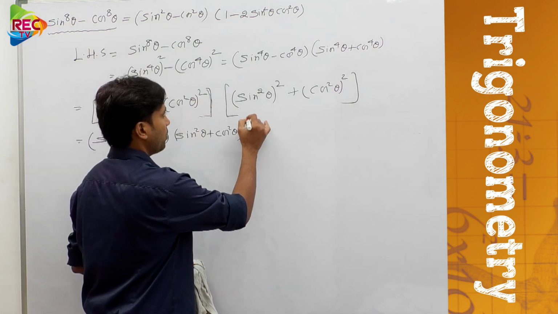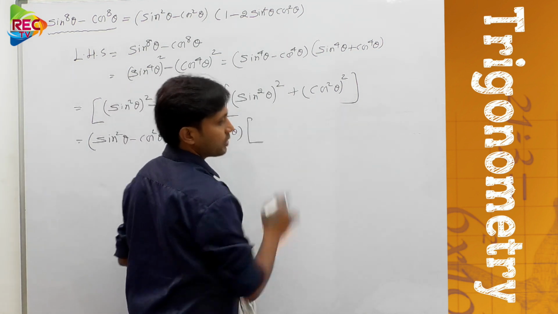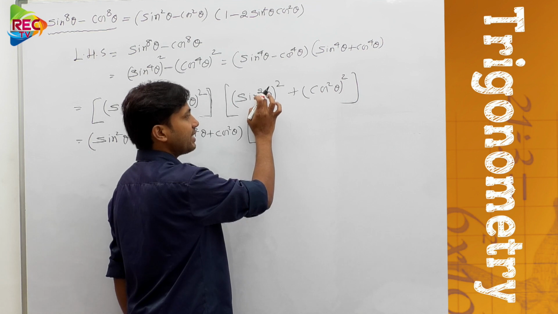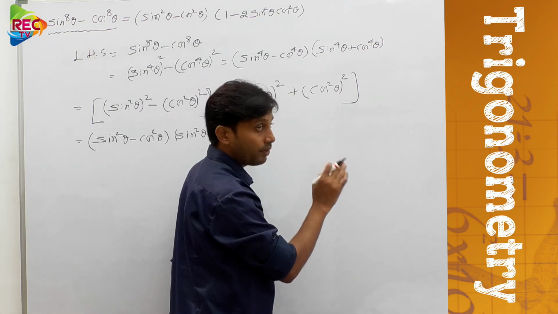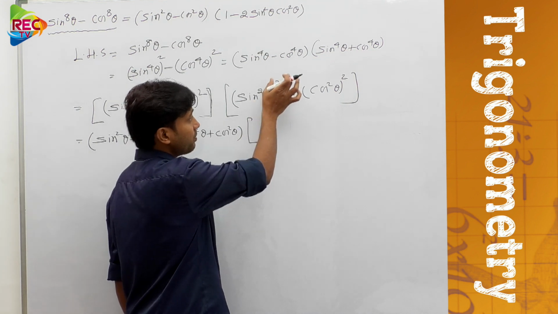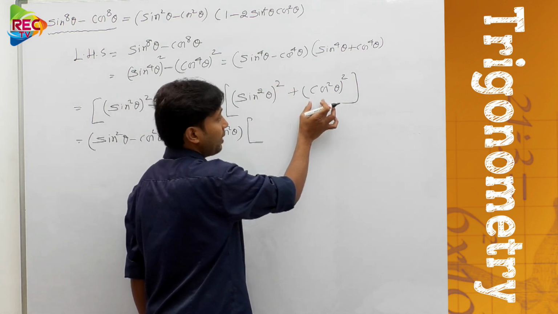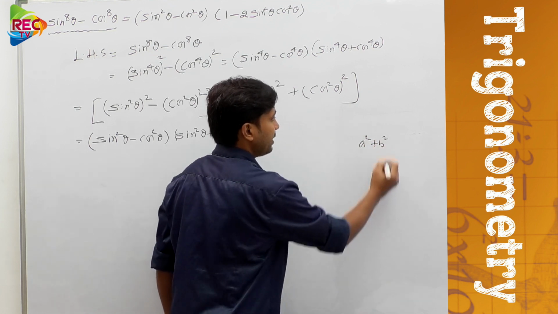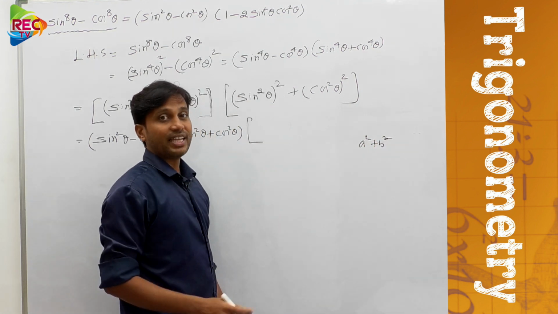Okay, now again come to this. Now this is in the form of what? If you consider sin square theta as a and cos square theta as b over here in this bracket, now this is in the form of a square plus b square. So tell me, a square plus b square can be written as what?